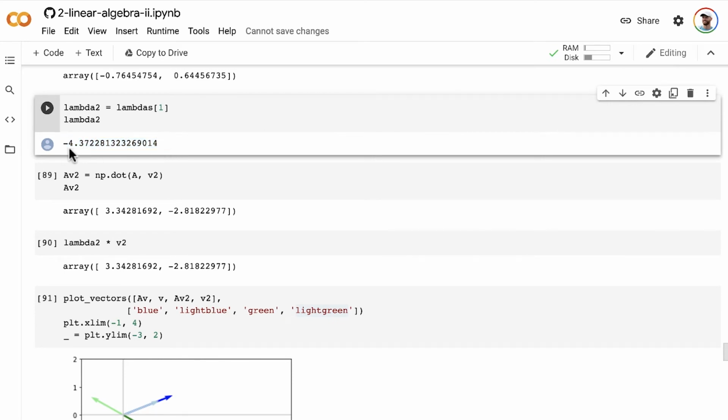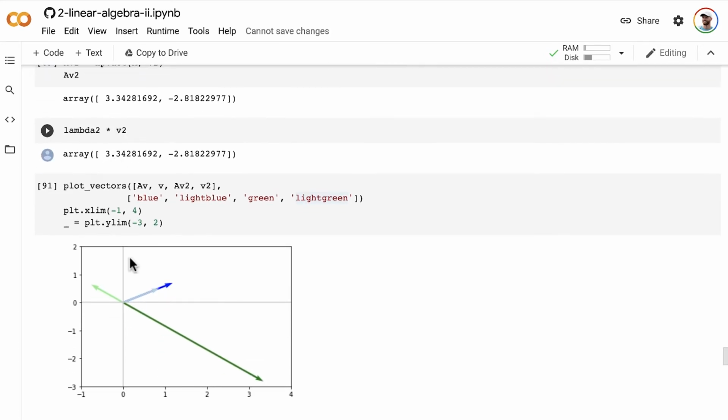So the eigenvalue is negative 4.4, which means that the dark green second eigenvector, after being transformed by our matrix A, is 4.4 times longer than the original eigenvector and has a negative sign, so it points in the exact opposite direction.